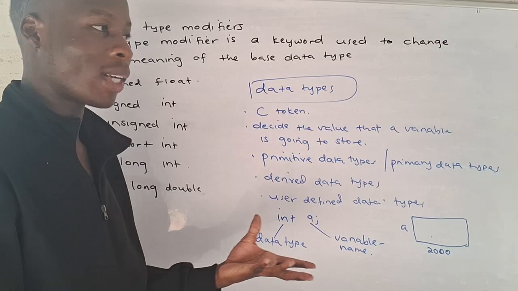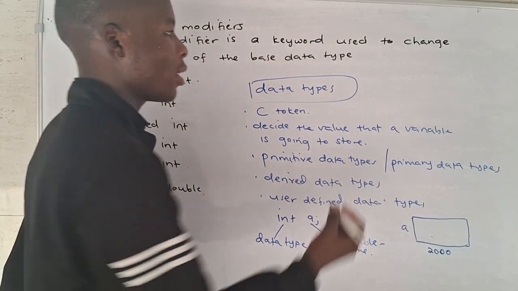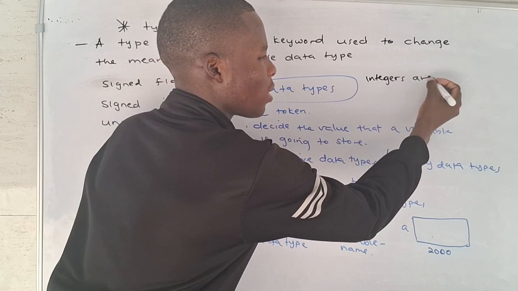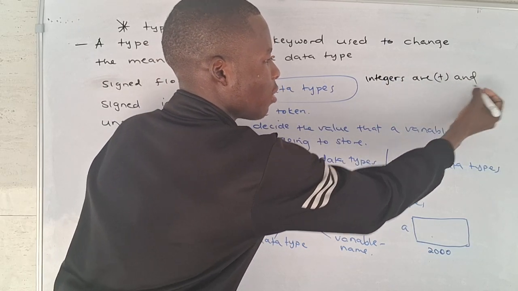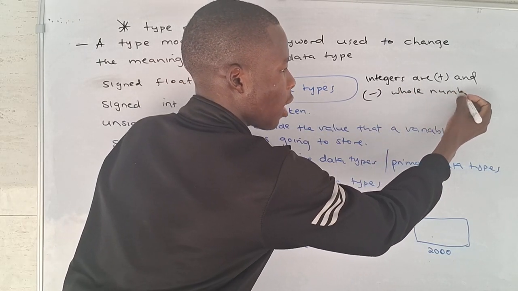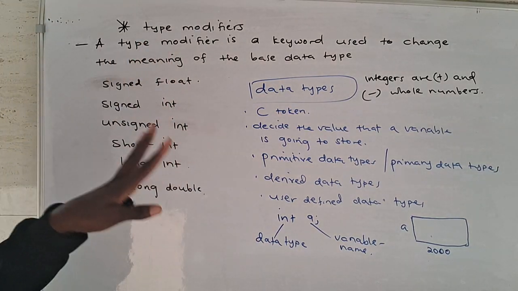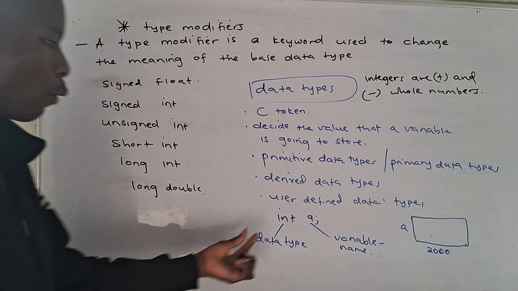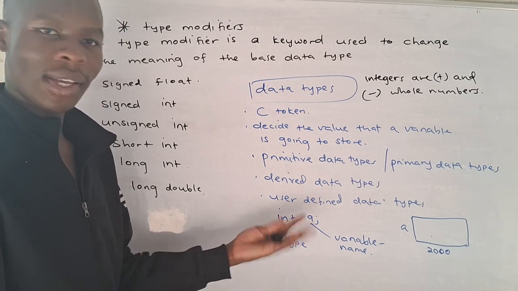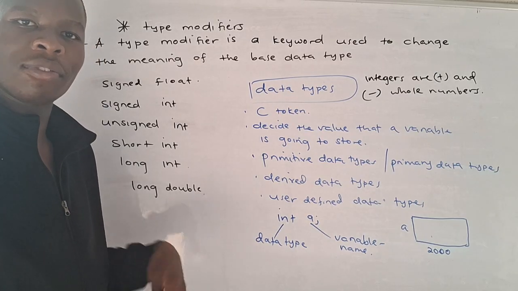You know what integers are, right? What are integers? Integers are positive and negative whole numbers. So if you write int a, by default this a is going to store either a negative integer or a positive integer.